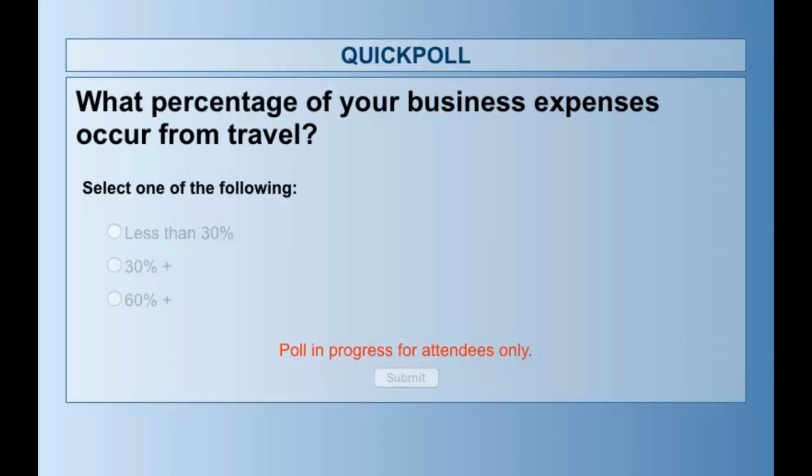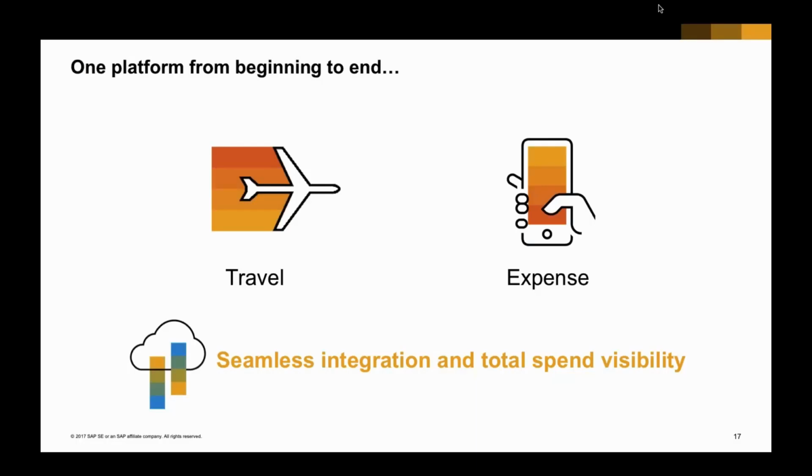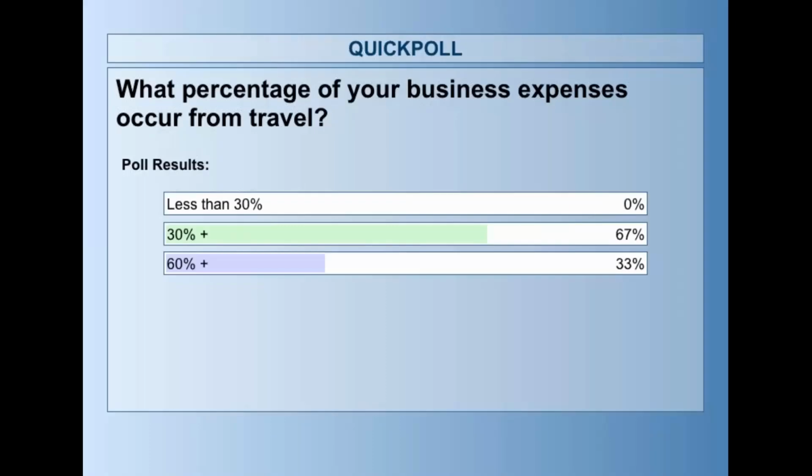Okay, looks like we got all our answers in here. So did you want to go ahead and share those results of that question, Nick? Oh, yeah, that'd be great. Okay, great. So it looks like we do have travelers here in the audience, so that's perfect.